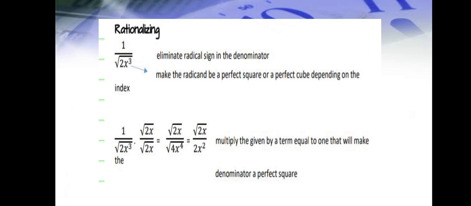Rationalizing 1 over square root of 2x cubed. Eliminate the radical sign in the denominator.